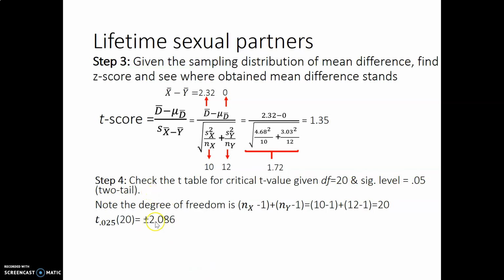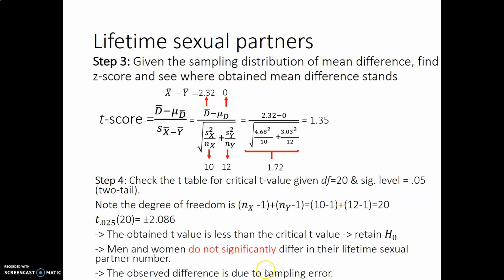And we checked the t-table, and this critical t-value is positive and negative 2.086. Our obtained t-value is smaller than the absolute value of this critical t-value. So we say that we are going to retain the null hypothesis, because the probability of getting a score as large as this one is very likely.